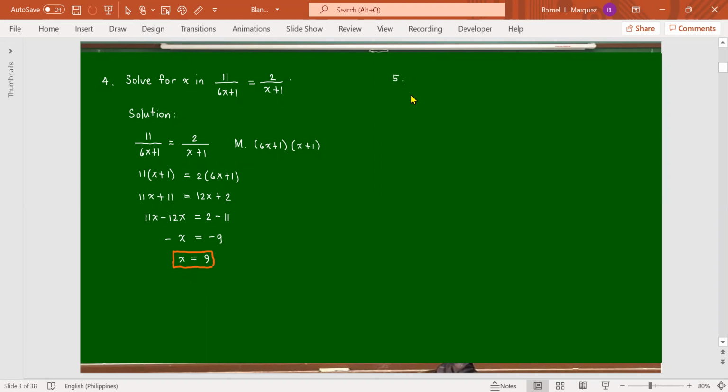Number 5. Given 2x plus 1 all over 3x plus 4 equals 3x minus 1 all over 9x minus 8.